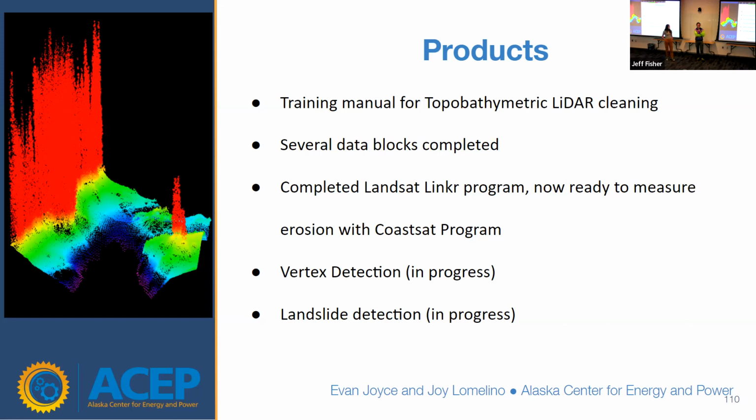We have some of the blocks of LiDAR data complete and ready to be turned into digital elevation models and be used for whoever needs them for planning. Landsat Linker we've done, and we're now ready to actually measure the coastal erosion with the CoSMoS program. And then for Vertex detection and landslide detection, those are in progress, but we'll hopefully have something in the near future.